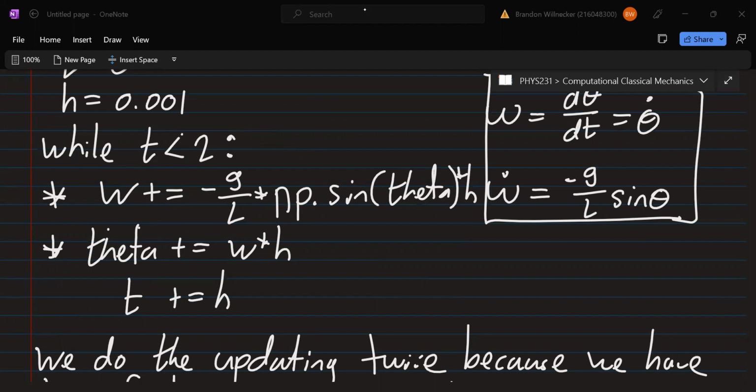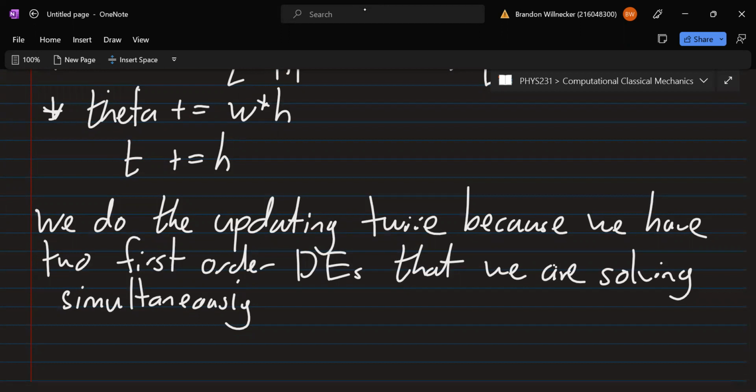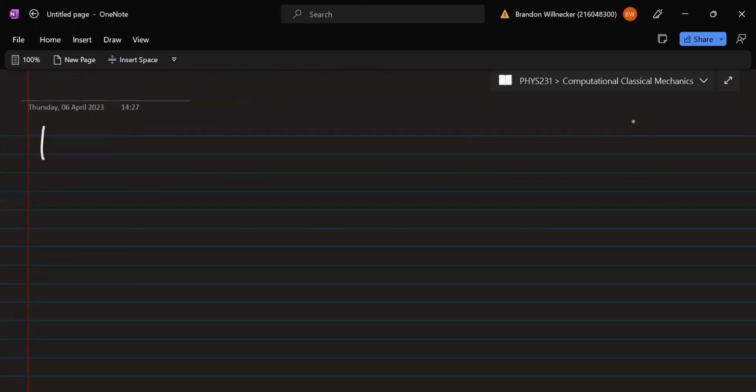Later on, we will save the values and then analyze them afterwards. So this is the general idea of what we do for these systems. Let's take a look at the next example of a simple harmonic oscillator, so just a mass on a spring.